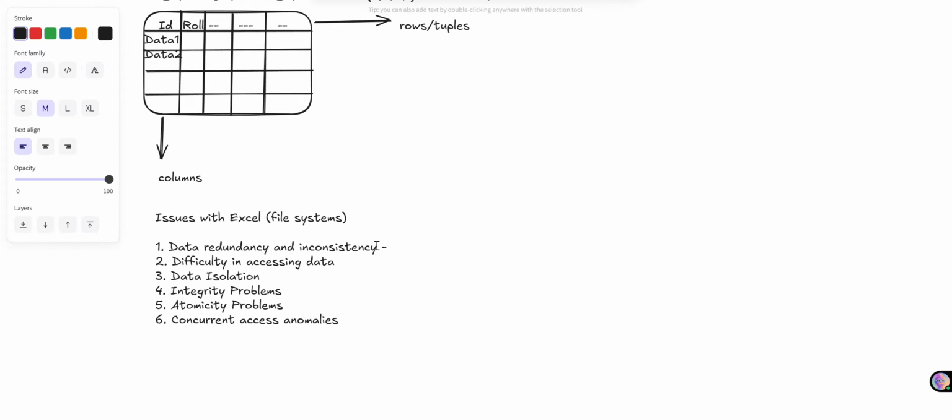Now, what is data isolation? You can understand data isolation as two different types of data, same person in two different files. This is similar to data inconsistency. If inconsistency occurs, then isolation occurs, like the same data is present in two different files.